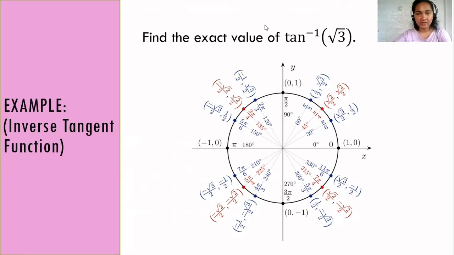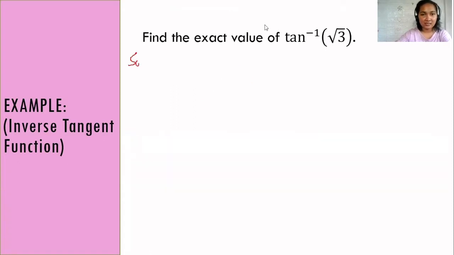So same here, we use the circular function to find the exact value of inverse tangent square root of 3, with the corresponding points for sine and cosine. Now, for inverse tangent, we first let the given expression equal y. So inverse tangent of square root of 3 will be equal to y.